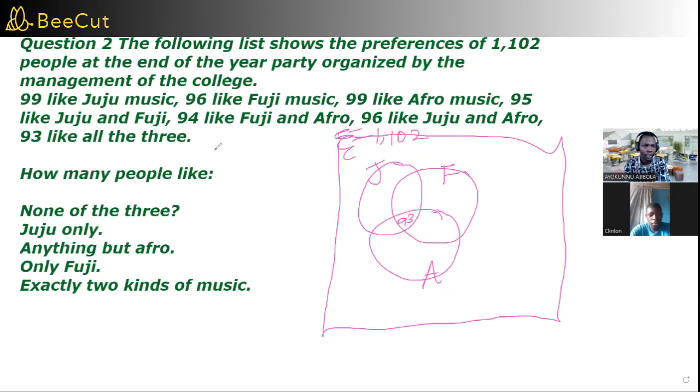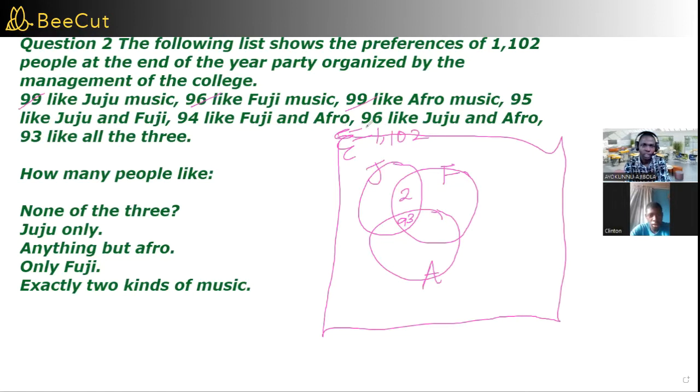Now, forget about all these first set of numbers. Then 95 like Juju and Fuji. Juju and Fuji must be 95, and I already see 93. What remains? 2. Very good.